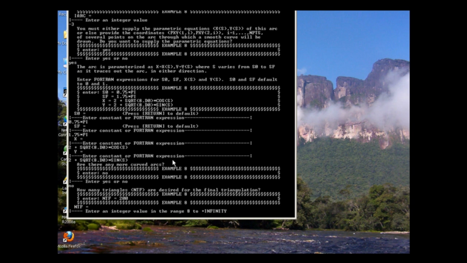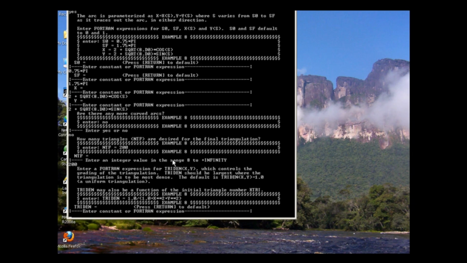We want 200 triangles in the final triangulation. PD2D will automatically refine the initial triangulation until there are 200 triangles. The refinement can be adaptive, or you can specify a function, as I'm doing here, which is largest where you want the triangulation to be most dense.